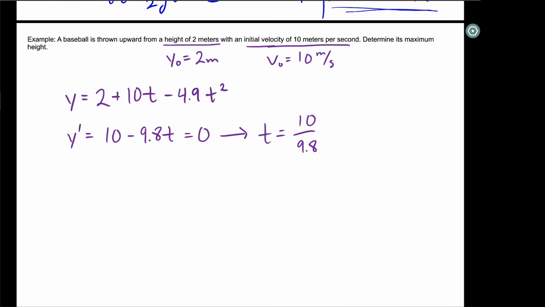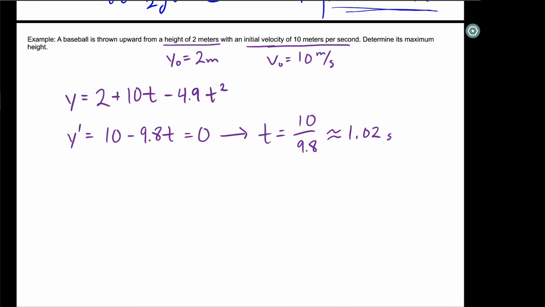Let's go ahead and estimate that real quick. 10 over 9.8 is about 1.02 seconds.